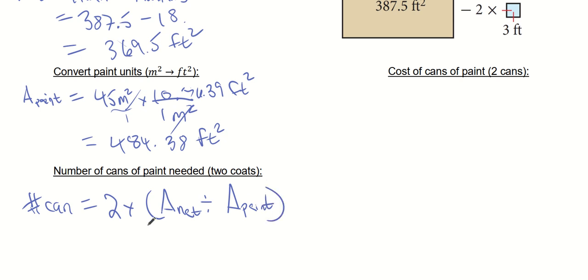Let's drop our numbers in: 2 times 369.5 divided by 484.38, and that should equal 1.52 cans.